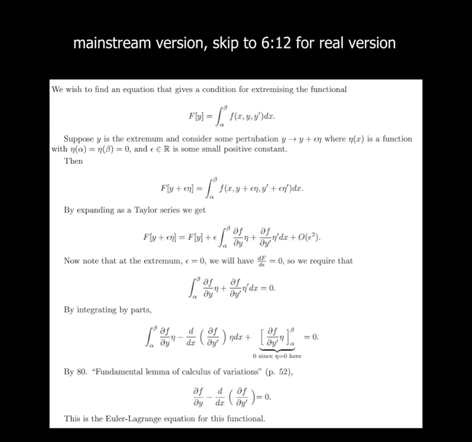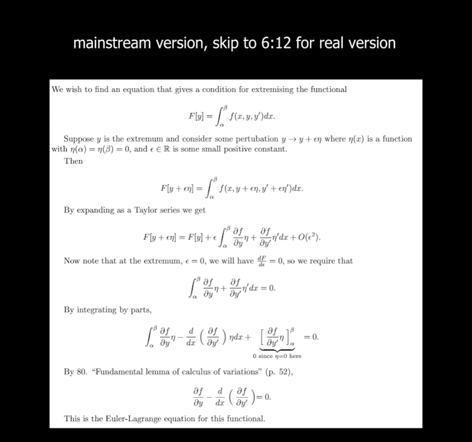Now we're going to integrate by parts on that, and I'll spare you the details, but we get the integral from alpha to beta of df on dy eta minus d on dx of df on dy prime eta dx, and then plus some boundary terms that are going to vanish to 0. And now we're going to use what is called in the mainstream the fundamental lemma of calculus of variations, but in reality it's literally just an obvious geometric fact.